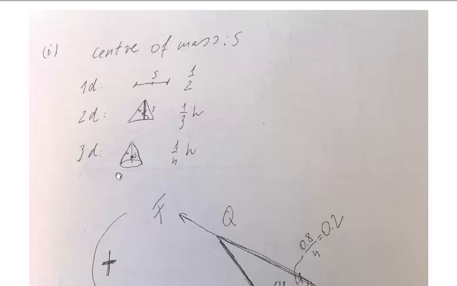And in three dimensions, the distance of the center of mass and base is 1/4 of the height, it is here. We'll use this because the cone is three-dimensional.